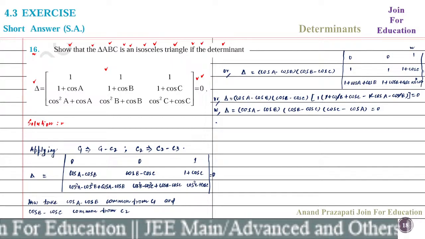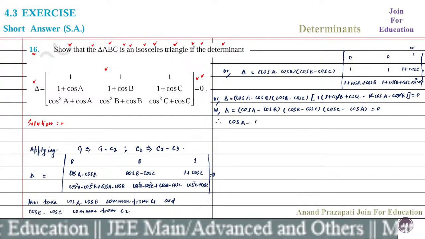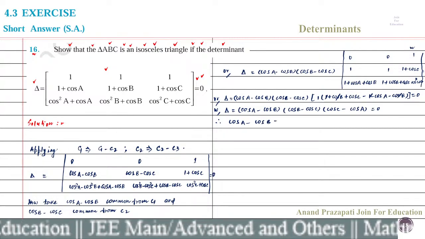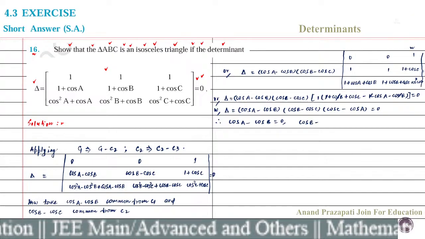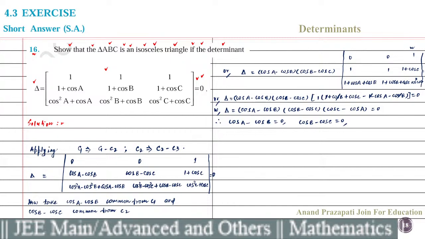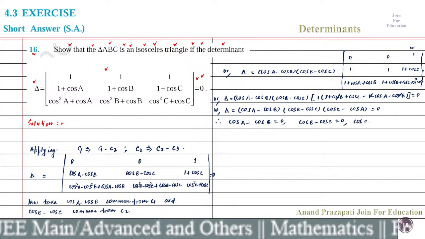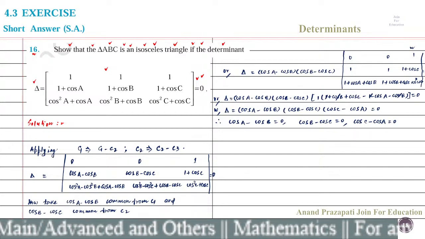Therefore here will be cos a minus cos b equal to 0, cos b minus cos c equal to 0, and cos c minus cos a equal to 0.